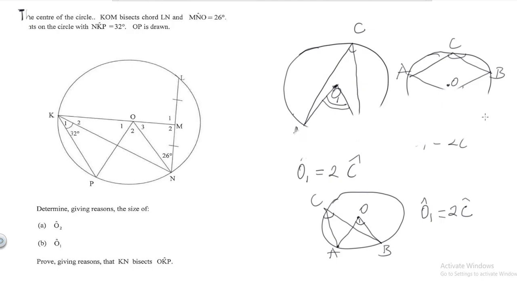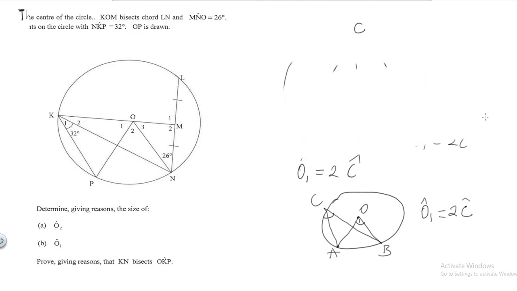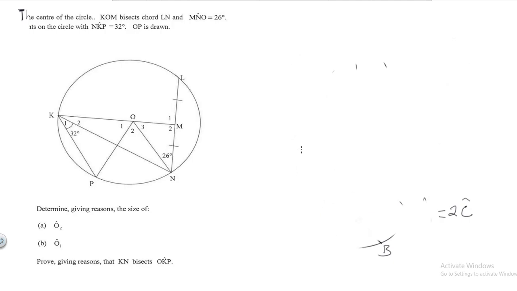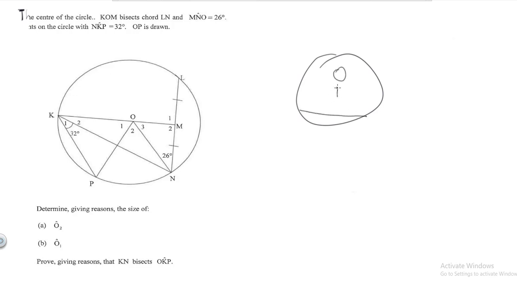The next one you have to know, if you have a chord, we have a center, or if we have a line from the center, bisect this chord A, B by a point C here.